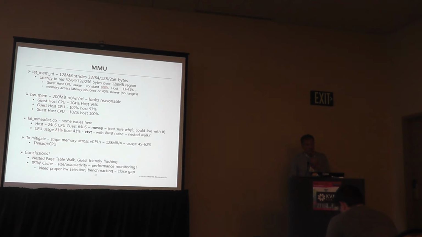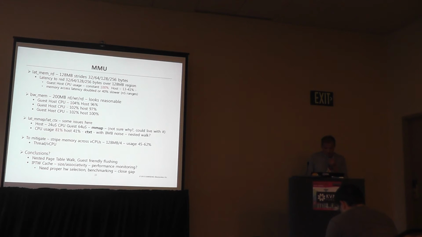Currently that's not in the kernel, but at least it leaves the GFN to PFN mappings intact for page table walks. So this one really needs a lot more work, but I think the big thing here is to talk to the hardware vendors. And I think that's where a lot of differentiation comes into play.